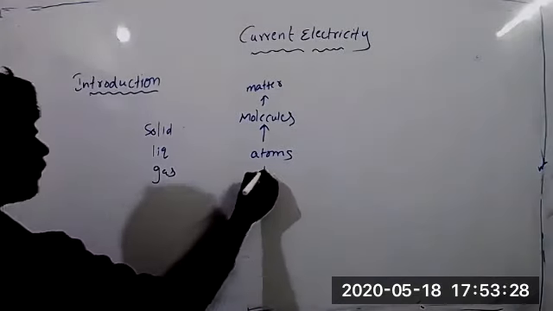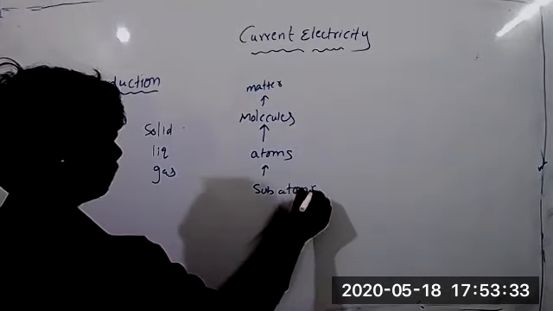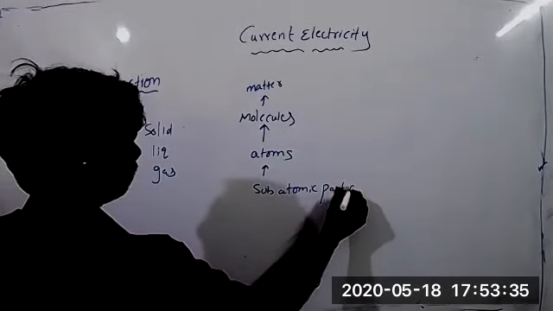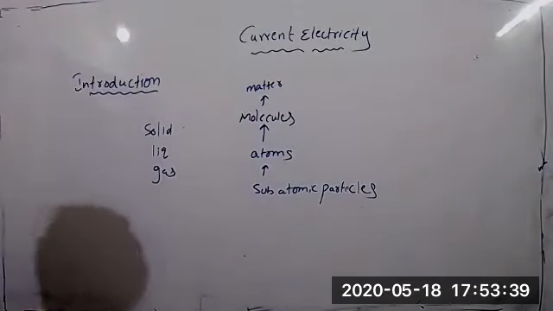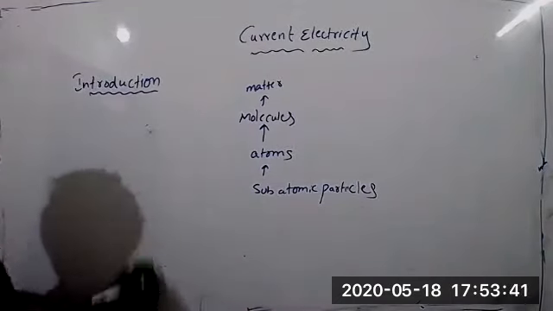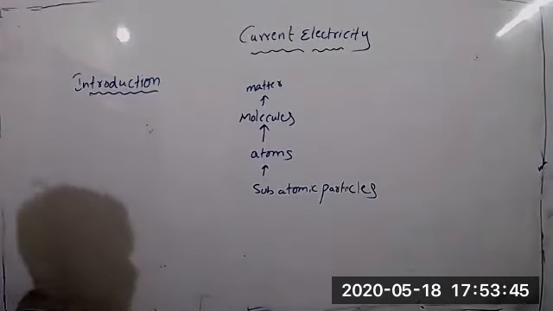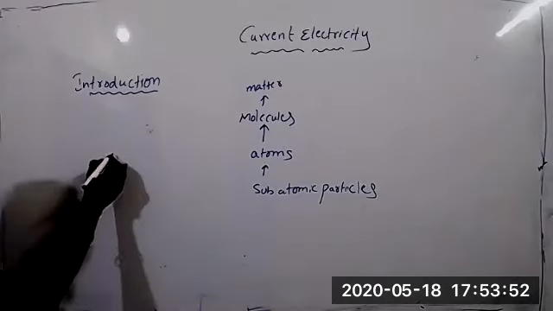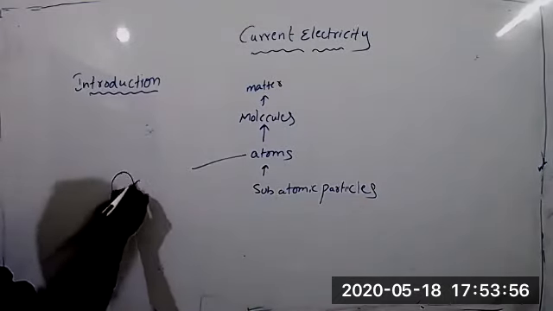Atoms are made up of subatomic particles, like we know electrons, protons and neutrons. Not only electrons, protons and neutrons, many subatomic particles are there, but the main ones are protons, electrons and neutrons. If you see this atom structure, it will be in this manner.